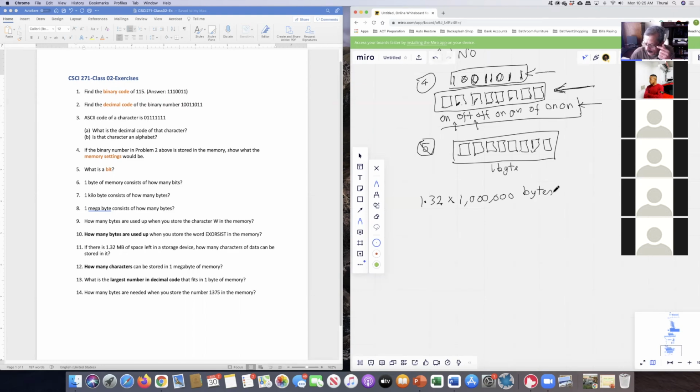You can use a calculator if you want, but this is the same as 1,320,000. And so your answer is, that's how many bytes there are. And we know that every byte is good for 1 character. So that's how many characters.